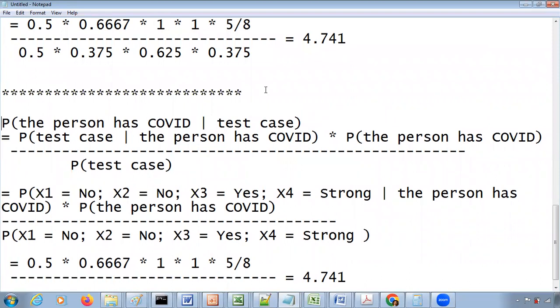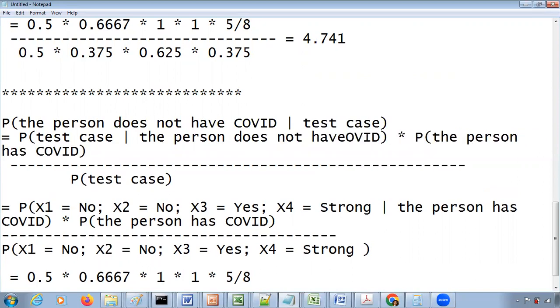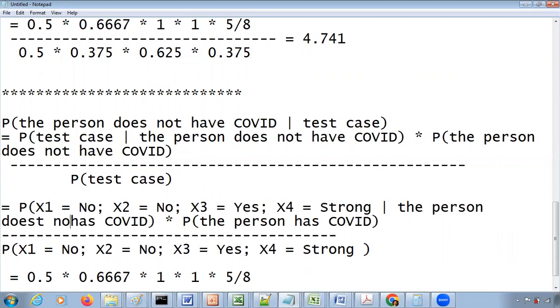So given that test case, what's the probability the person does not have COVID? It is, given the person does not have COVID, what's the probability the test case is observed, times the probability the person does not have COVID, divided by the probability of the test case. The test case is still the same.